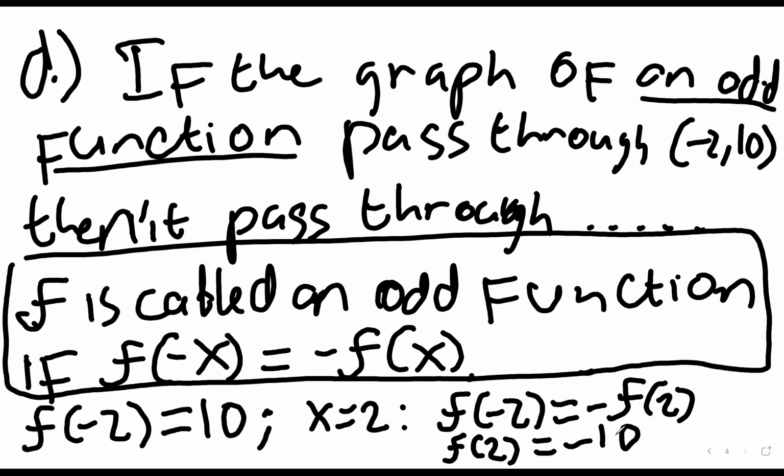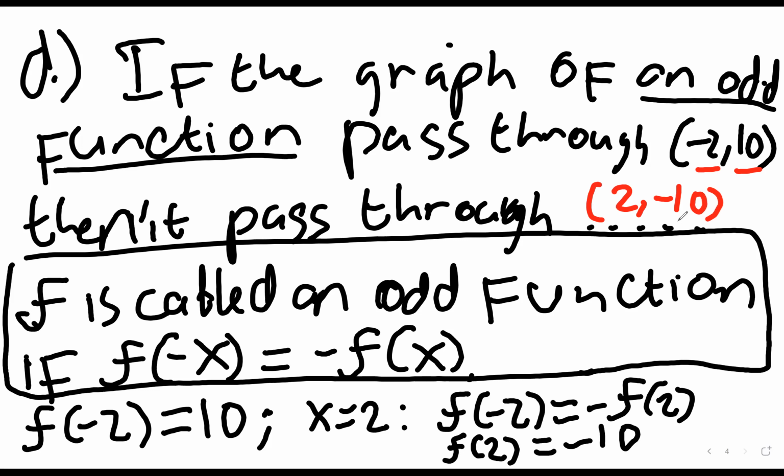So the answer will be, if the graph of the function, here x, this is y, f of minus 2 equals to 10, then f of 2 will be minus 10, so I will write it as 2 comma minus 10. Geometrically, the graph of the odd function is symmetric with respect to the origin, the point 0 comma 0.